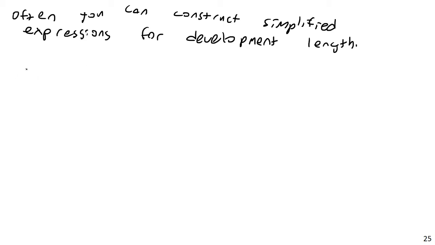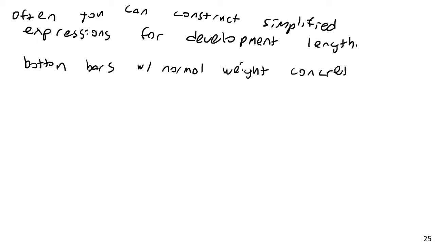The example they give is bottom bars with sufficient cover, with normal weight concrete, which is going to be most of our standard tension reinforcement, and then uncoated, so no epoxy.